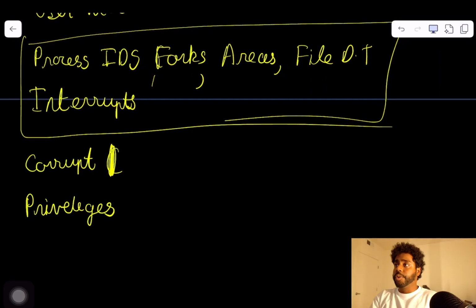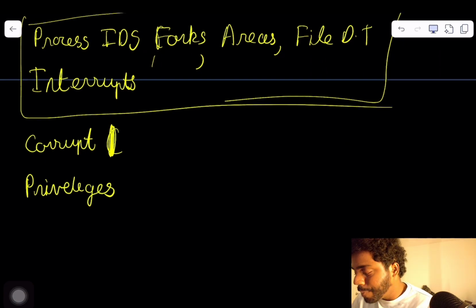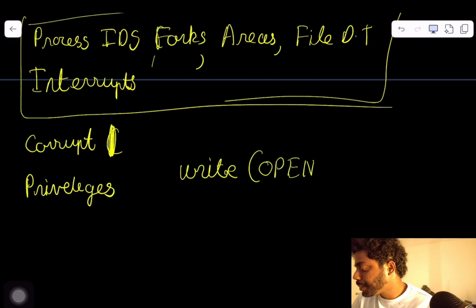Now, just before I let you go, whenever we're dealing with some sort of system call, what you have to remember is, in C, I'll probably explain this in another video, in modern CPUs it calls something called a write, and then you have the syscall here, say for example open file.